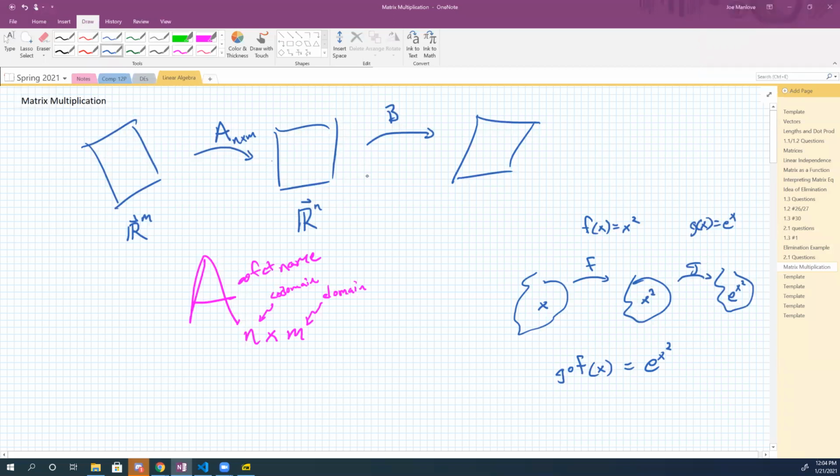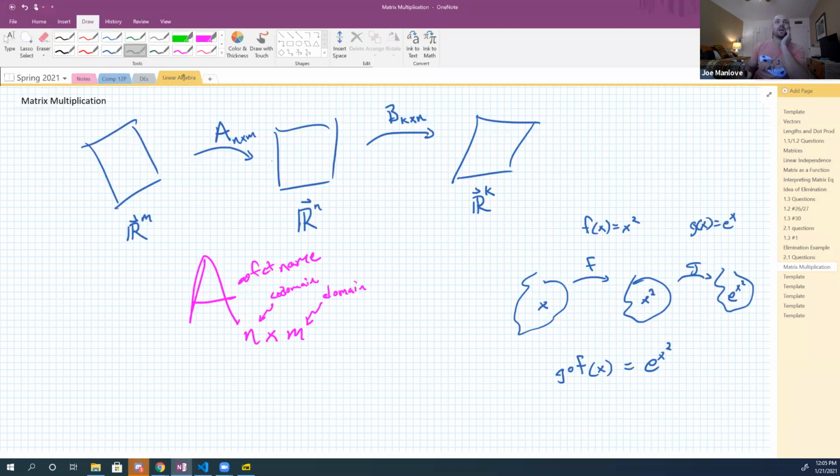Domain. Good. So domain goes in that second spot, right? So I don't know what goes in the first spot. I'm just going to put K in here. But I do know that that second spot has to have an n in it. Otherwise, I can't do this. Does that make sense? Then this spot's going to be R^k. Oops, not k down there. This is going to be R^k. Guys with me on that?